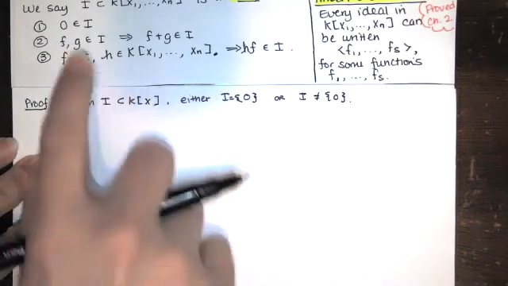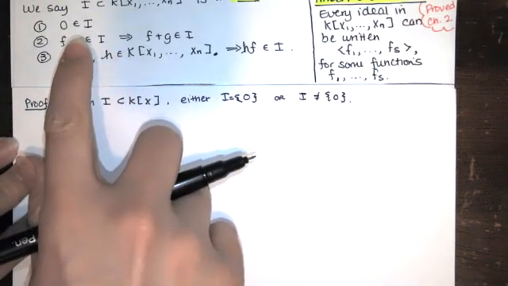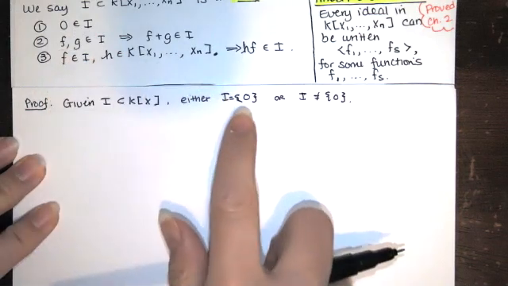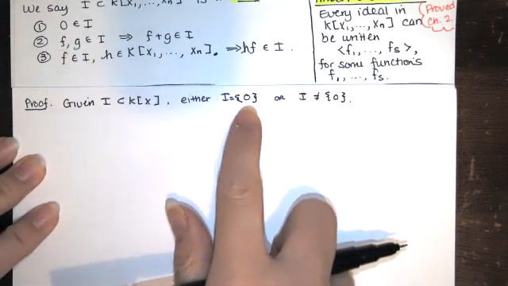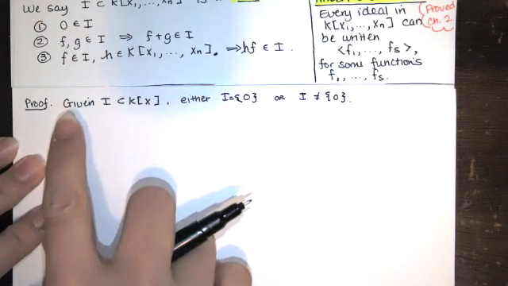If 0 is in I, well, that's satisfied. If I is equal to the set containing the 0 polynomial, the first condition is satisfied.